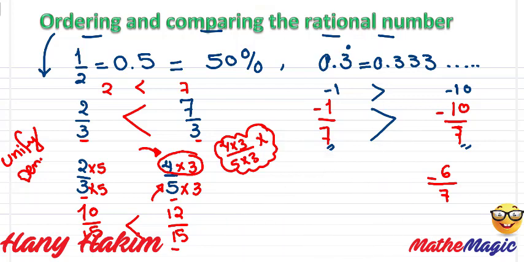That's why when I talk about negative 3 over 4, I write negative 3 over 4.